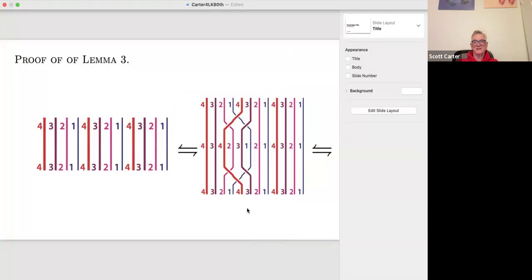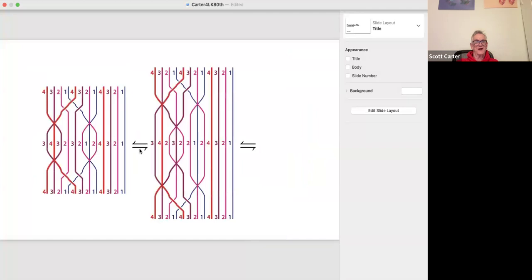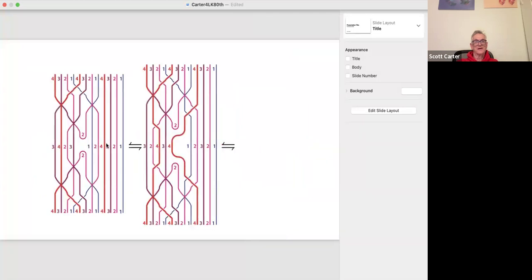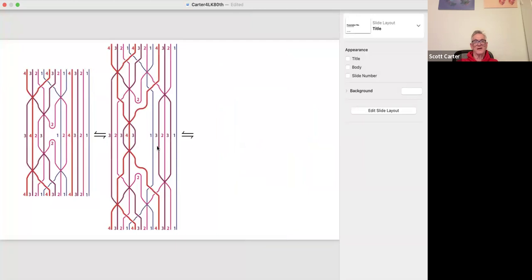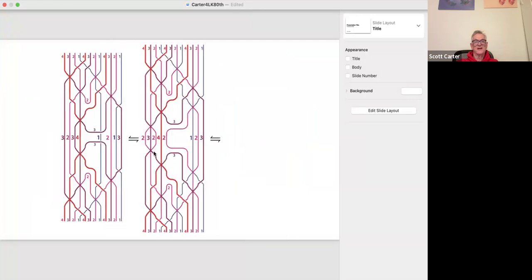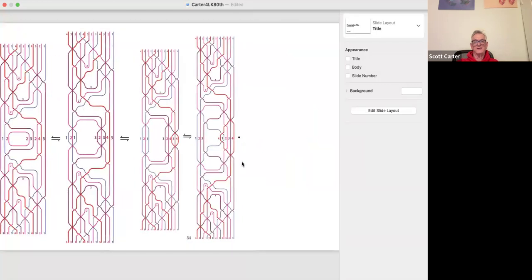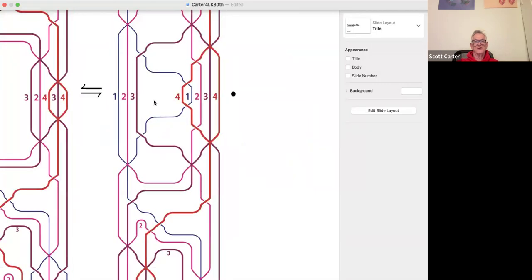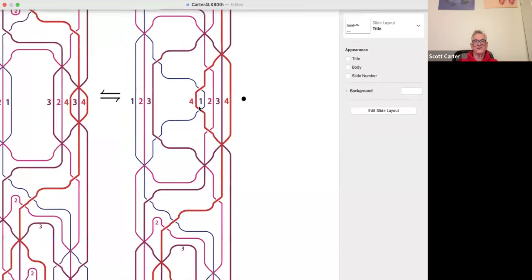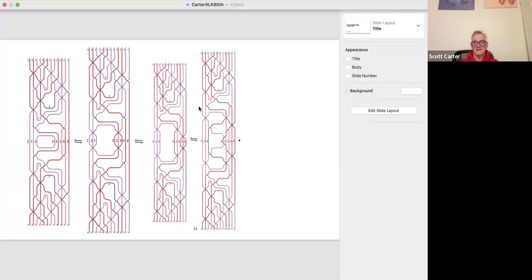But if you want to see the proof step by step, then you add some crossings, you add canceling pairs of triple points, then you add another canceling pair of triple points, you add some more crossings, add more canceling pairs of triple points. Keep going like that until you get down to the last picture, and the last picture has 1, 2, 3, 4, 1, 2, 3, 4, which is x inverse squared.